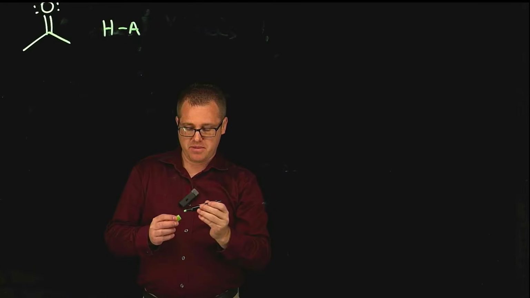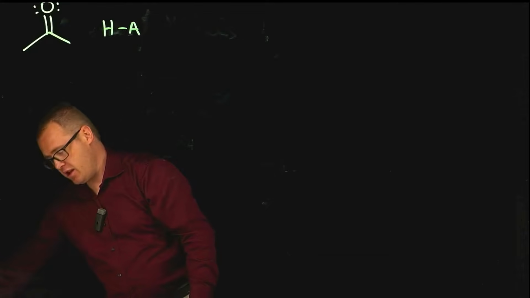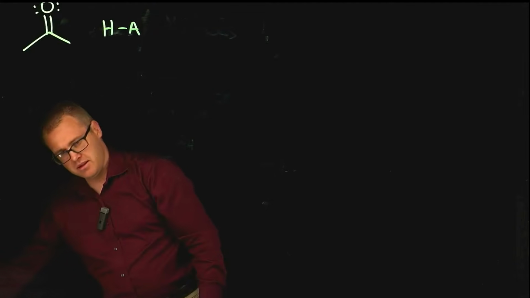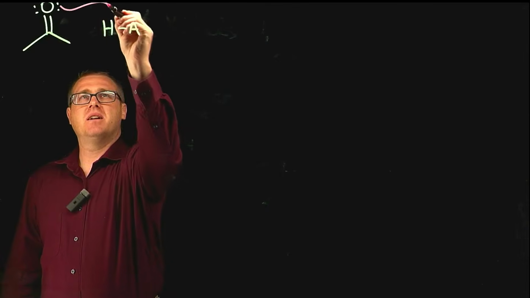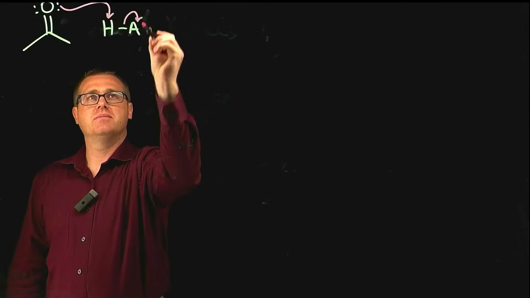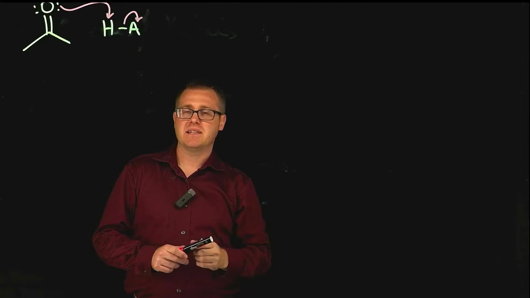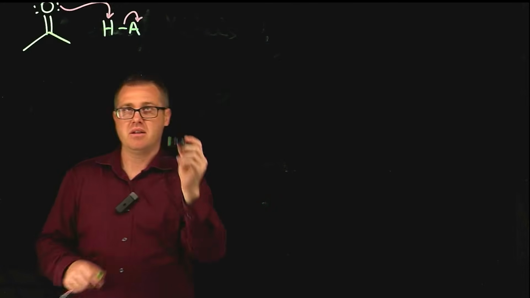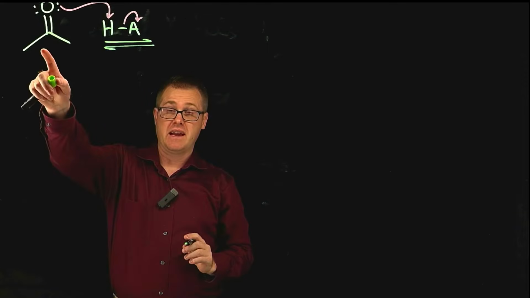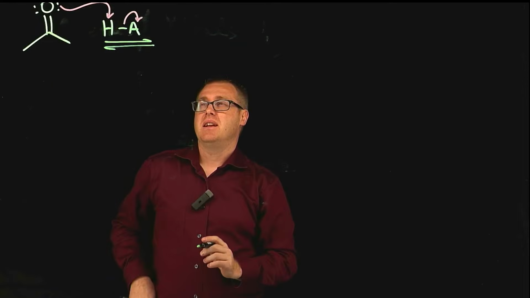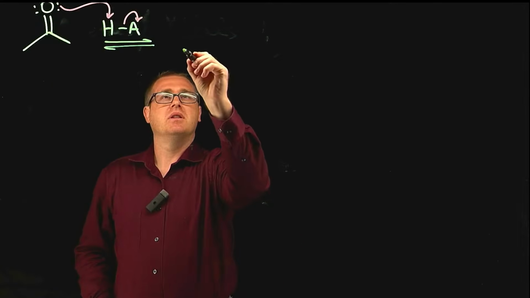So the first step is, hey, you're adding an acid. So that means something basic is going to have to come and grab that proton. Now, every step in this acetal formation, or in this particular case, a ketal, is reversible.